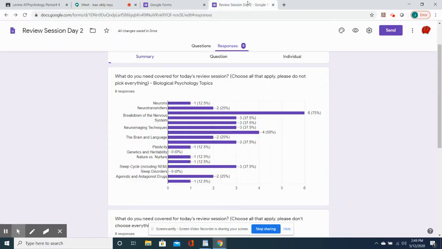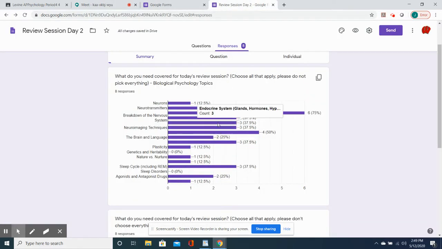But then other things shut off, like digestion. And then parasympathetic is when we go back to a state of calm. We're always going to go back to a state of calm because our body has to maintain homeostasis. And it's exhausting once we go back to calm. That's the breakdown of the nervous system.